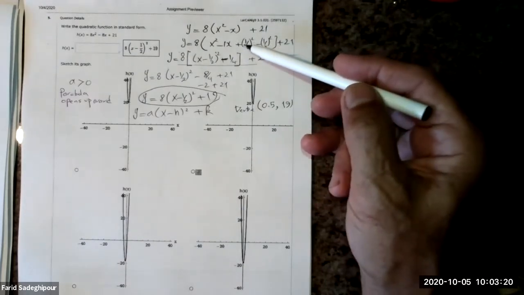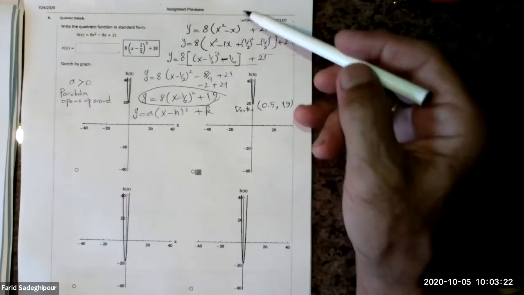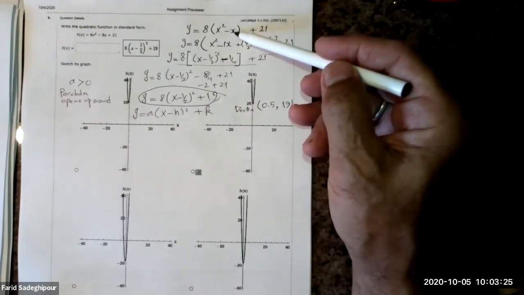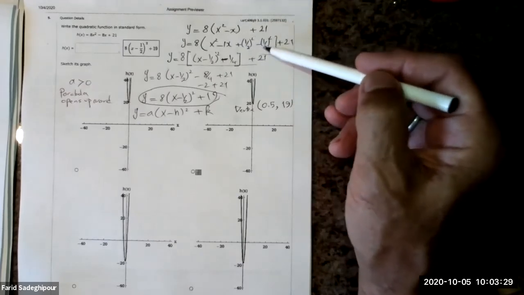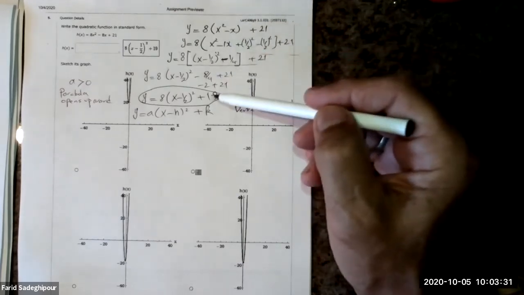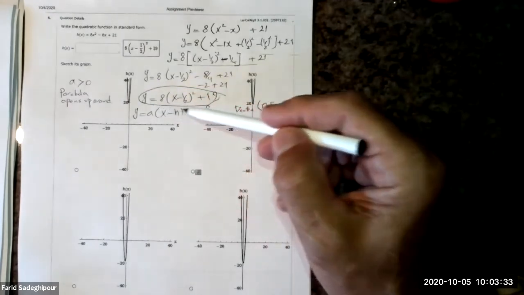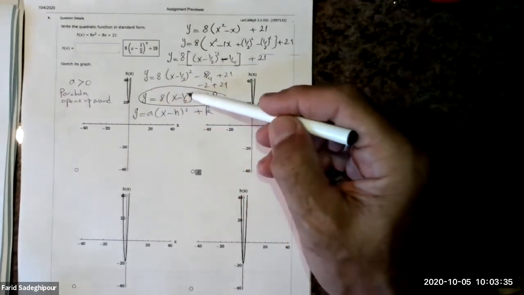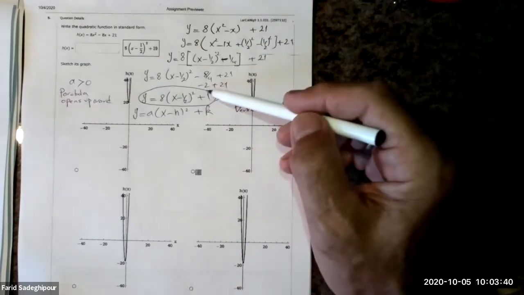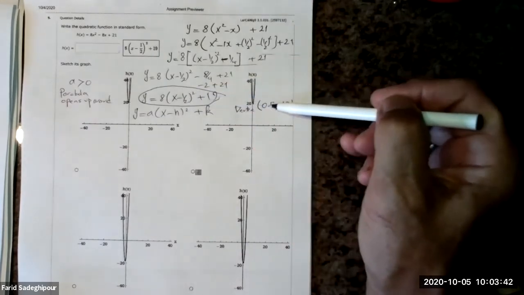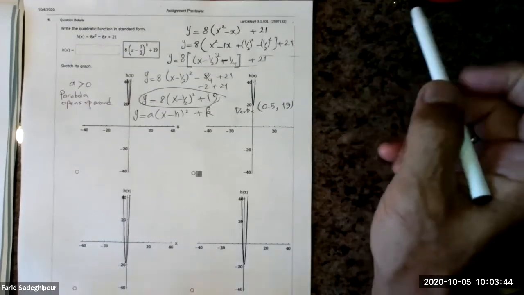So if I want to write it in this form, the coefficient of x is 1. Half of that is half. Half to the power of 2 minus half to the power of 2. So you finally get this one. So what is the vertex? The opposite of minus 1/2 is half, and 19. Or 0.5 and 19, or half and 19.